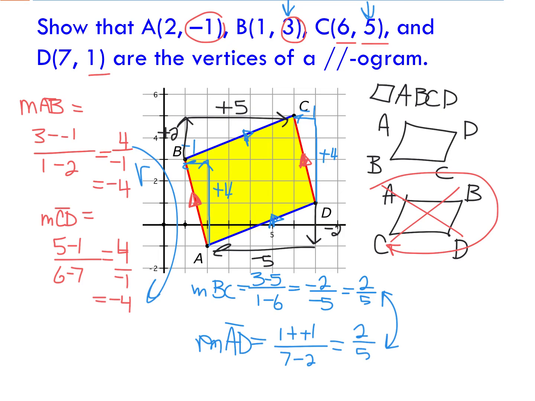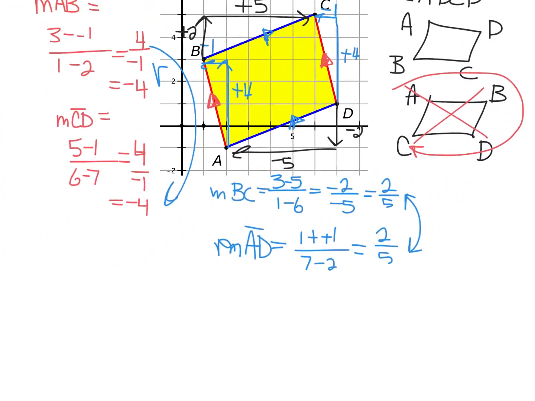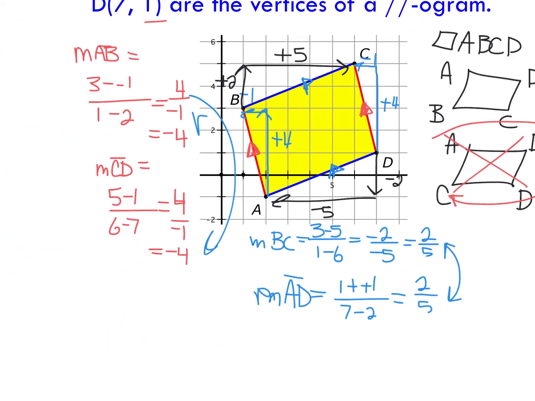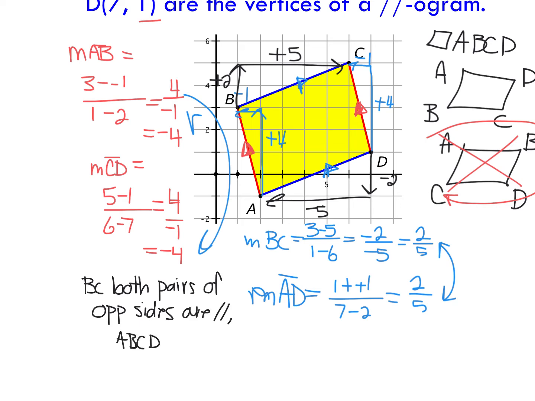Okay, so now the final touch on a problem like this is to explain why something is what it is. So I would say because both pairs of opposite sides are parallel, ABCD is a parallelogram.